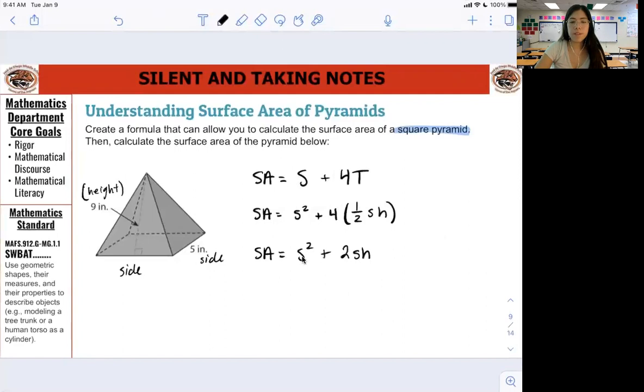Now, what do both of these terms have in common? The S, good. So we can keep one of these, because technically this is S times S. So if I factor out an S, I'm left with S plus 2H.